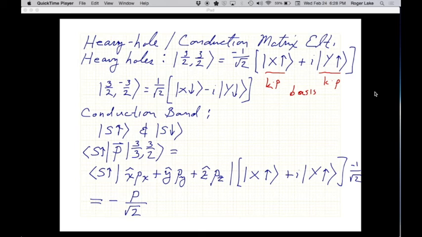Well, if I look over on the right-hand side, I'm only going to get a non-zero matrix element between this and that. And for Y, I'll only get a non-zero matrix element coming from this term, right? Because those are the only non-zero ones we get.